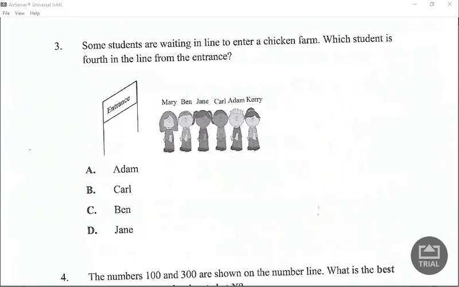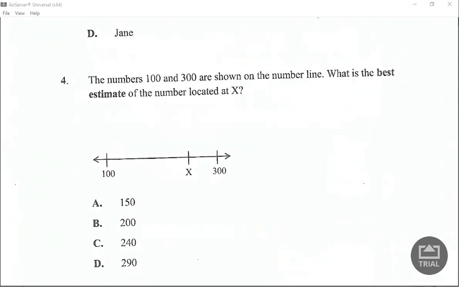Number 4 says the numbers 100 and 300 are shown on the number line. What is the best estimate of the location of x? Let's reason it out. So 200 would be halfway between them.